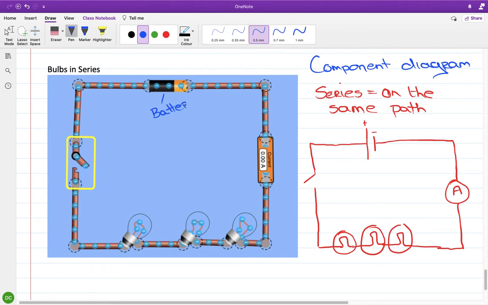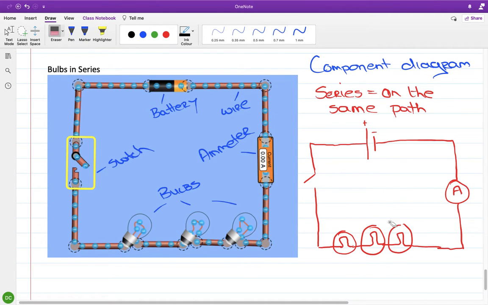You would have to write battery, bulbs, wire, switch, and ammeter. But if you draw it as components, these are universally accepted symbols for the different parts of the circuit. So you draw it this way and you don't have to label it at all.